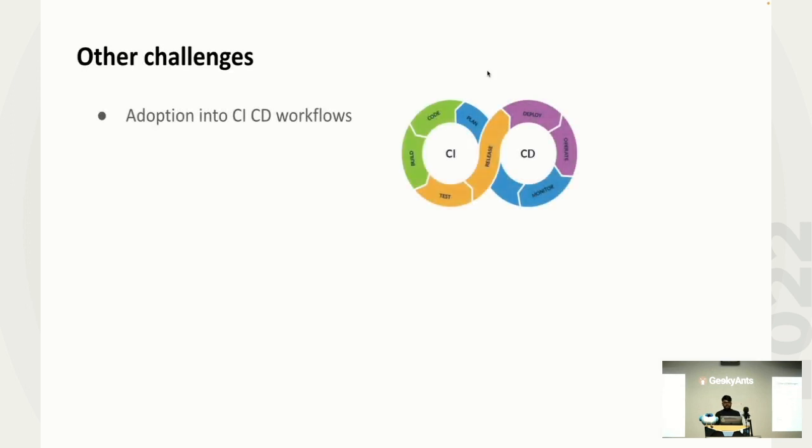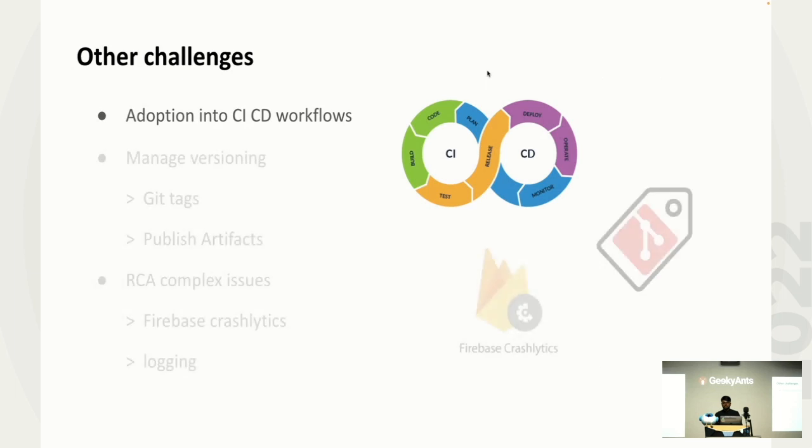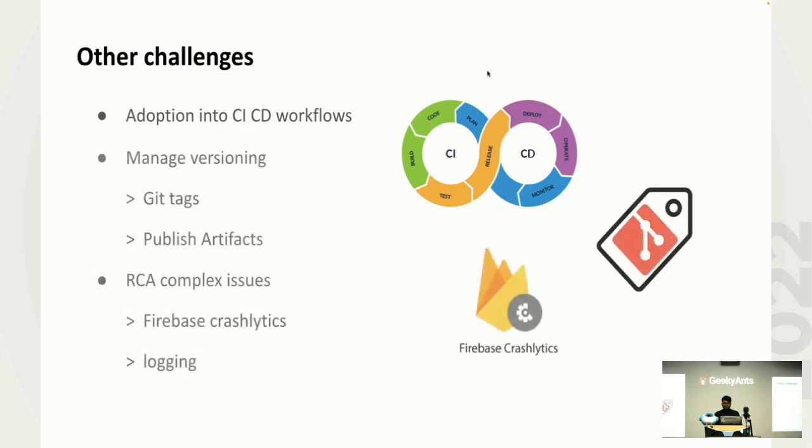Other challenges, there are many things that you would want to adjust, like CI/CD workflows. If you have existing ones, you'll have to adopt this new process. Manage versioning, you can use Git tags or publish the AAR or frameworks. Another challenge is finding out issues. When something happens on production, you'll have to find out what happened.